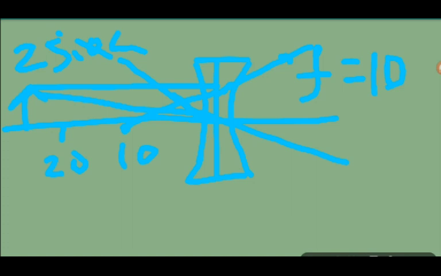So we have to use a general formula, which is 1 over f is equal to 1 over object distance plus 1 over image distance. Having this in mind, the focal length is given, which is 1 over 10, equal to 1 over the object distance, 1 over 25, plus 1 over the image distance.